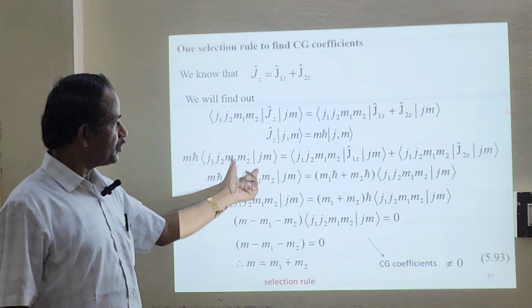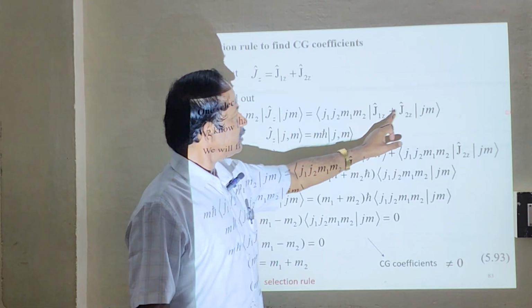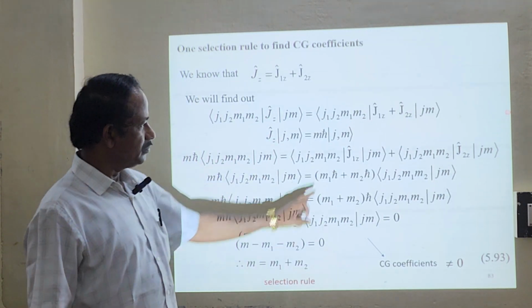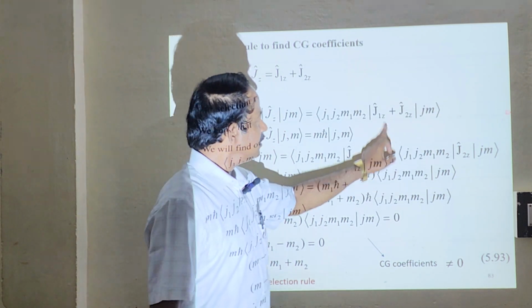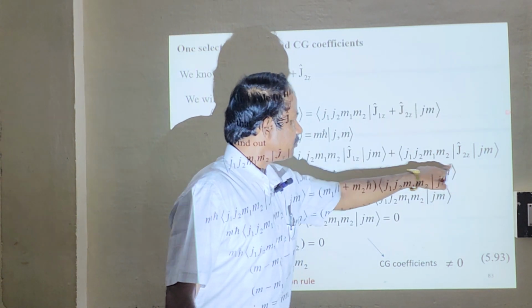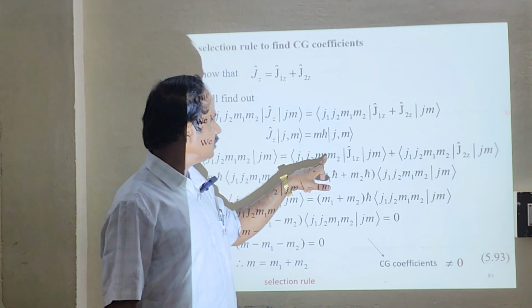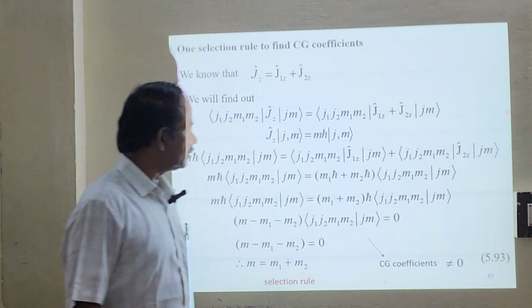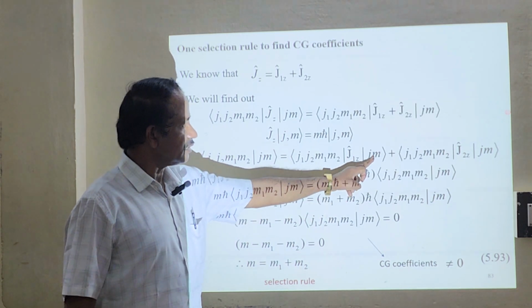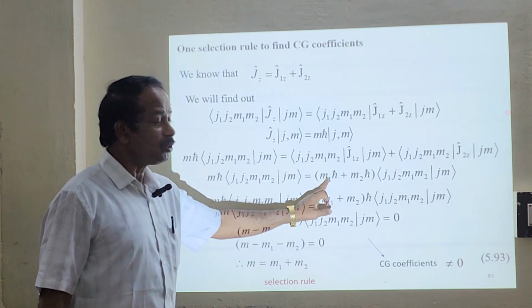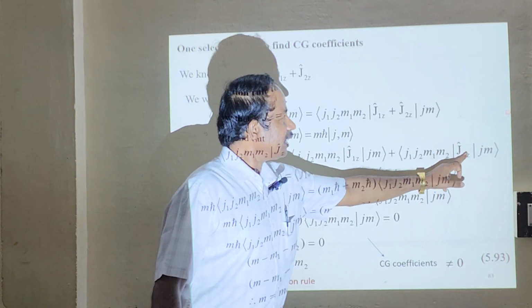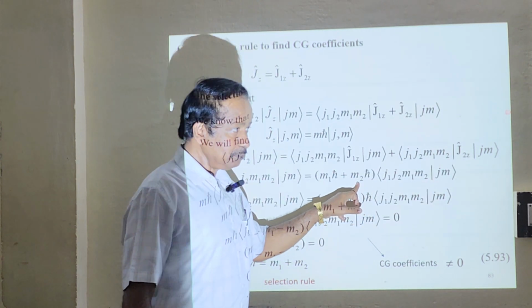It equals J1Z acting on JM plus J2Z acting on JM. So I have written them individually. J1Z is here, J2Z is here. Now J1Z acting on JM will give you M1 H bar, and J2Z acting on JM will give you M2 H bar.